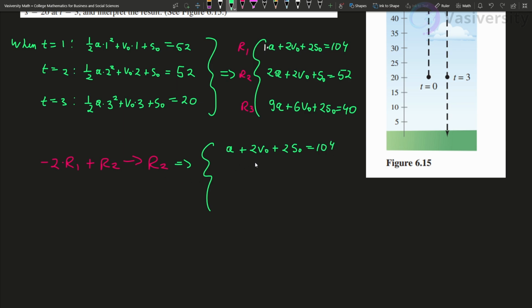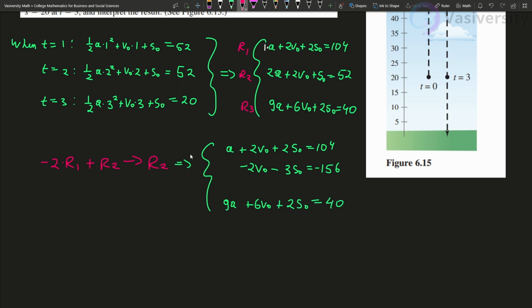But now what are we going to have here? We're going to get -2v naught minus 3s naught is equal to -156. Okay, perfect. And then the third equation remains the same, so 9a plus 6v naught plus 2s naught is equal to 40.